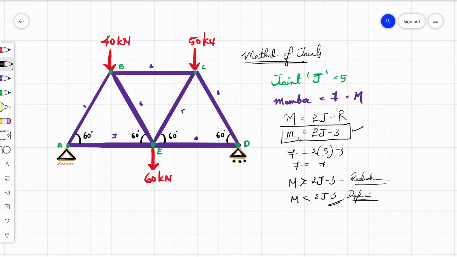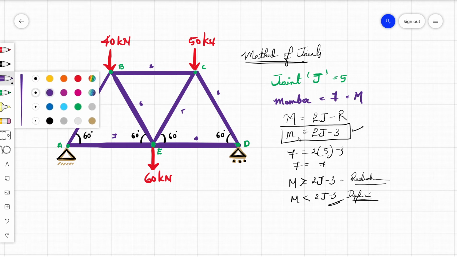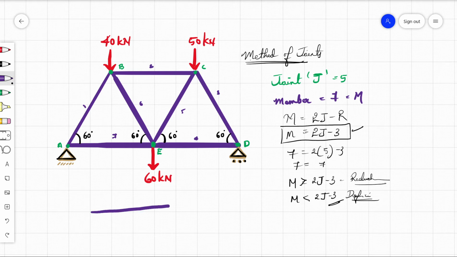So in this case, we have to take this whole truss as a single member, the same points A, D, E.